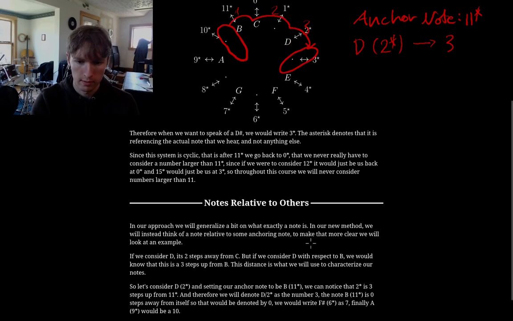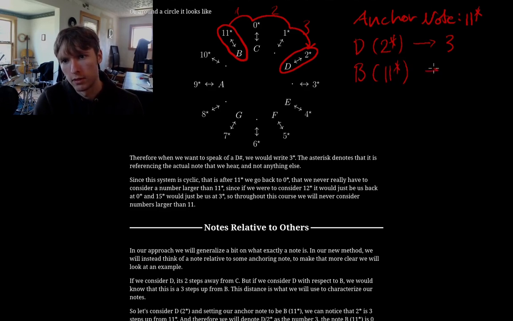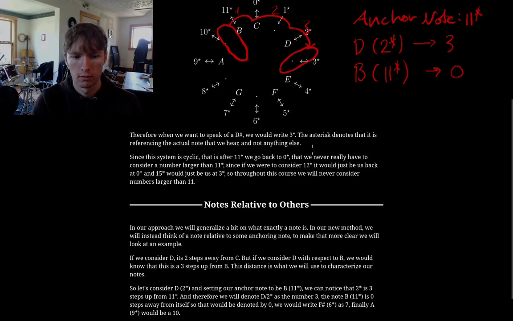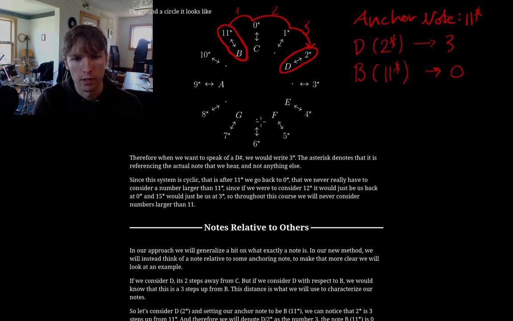Let's do more notes. B itself, how many steps away is it from B? Well, it's 0 steps because it's right on it, right? So B, which is 11, can be thought of as 0. Then we'll try out F sharp.